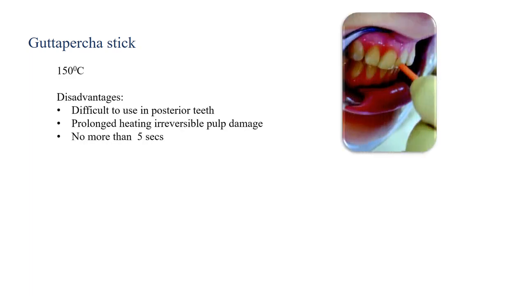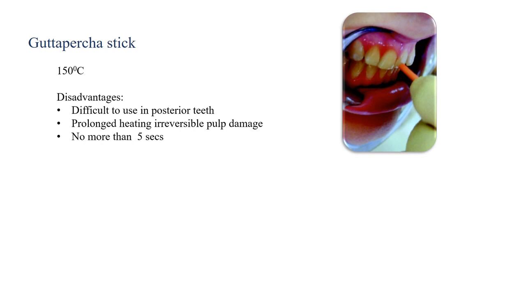Now a few methods are commonly used in our clinic, using the gutta-percha stick. When you use a gutta-percha stick, you should place it over a flame, heat it adequately and place it on the incisal third of the tooth.